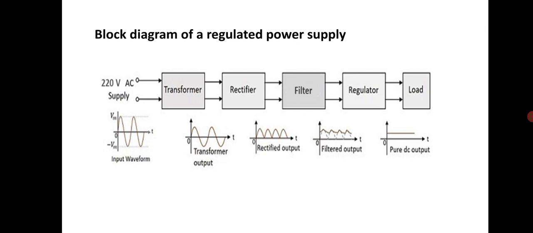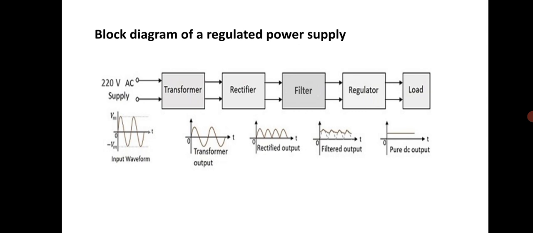So the filter output, you can see here, is not as smooth as you might have considered, but there are still certain ripples present in the output of the filter, which is again fed to the regulator, which regulates the voltage.